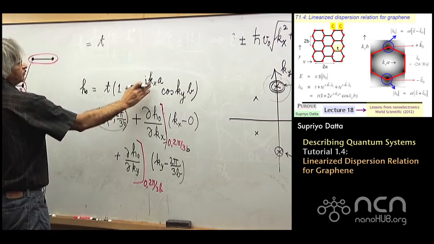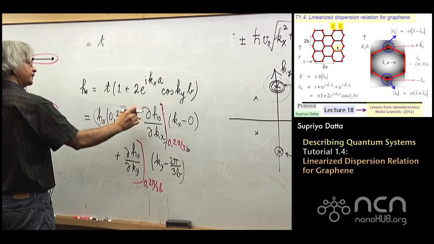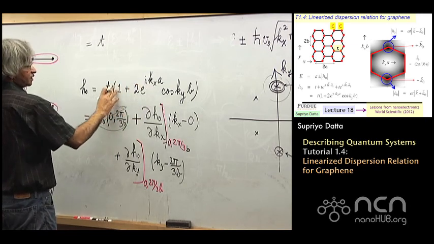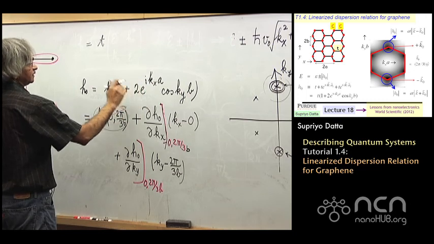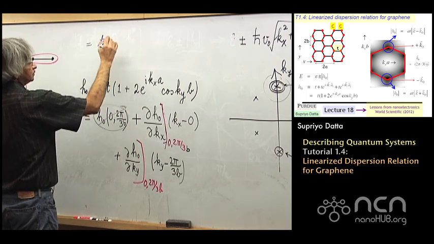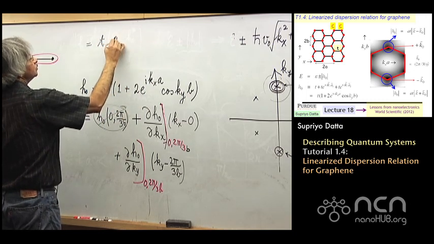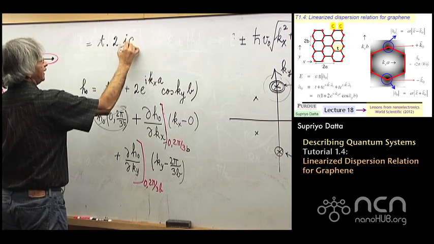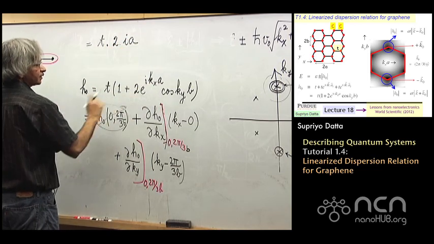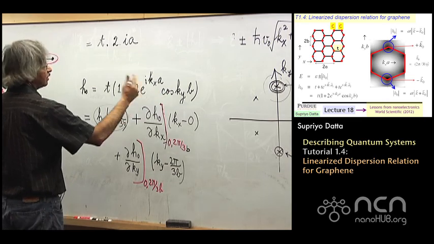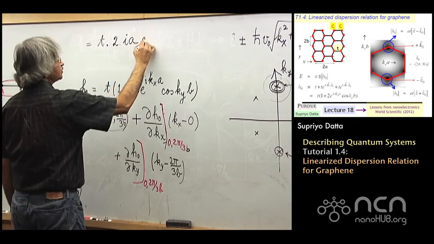When I take the derivative with respect to Kx, the first term doesn't give me anything, it's just the second term. So times 2 times ia, derivative with respect to Kx. And for this purpose, Ky is essentially constant, so you just write cosine Kyb.